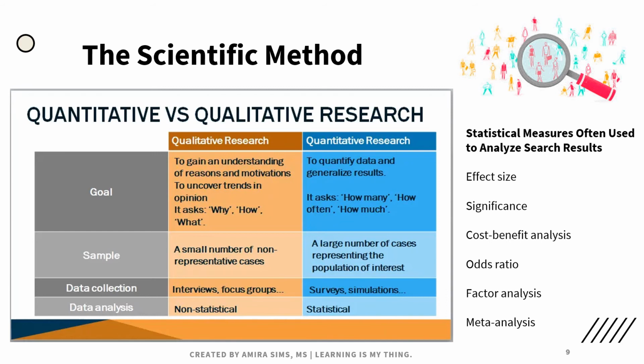Quantitative research, on the other hand, is when you want to quantify data and generalize results. You ask questions like how many, how much, how often. With qualitative research, you tend to have a small number of non-representative cases. Think back to the famous case of Phineas Gage, right?